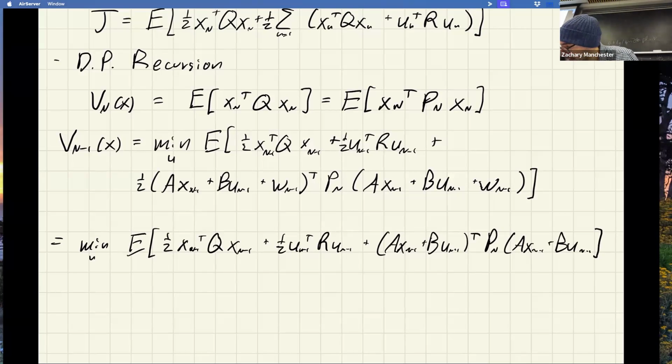Then I have this second set of terms that look like the following.